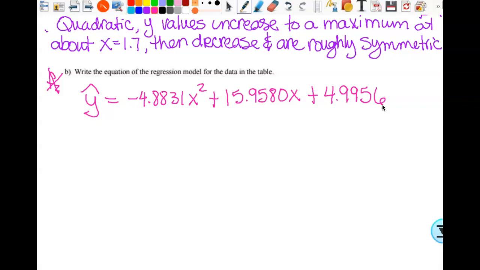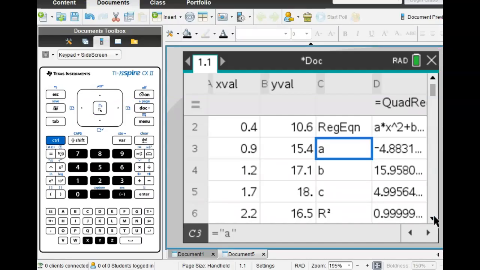We all good? Now, if it said, find the predicted y value when x is 47, what would I do on the calculator? Do I do it from this screen? What screen do I need? I could do the graph.